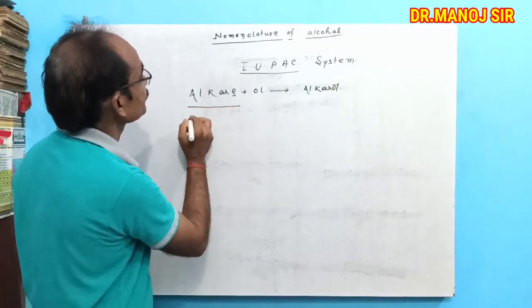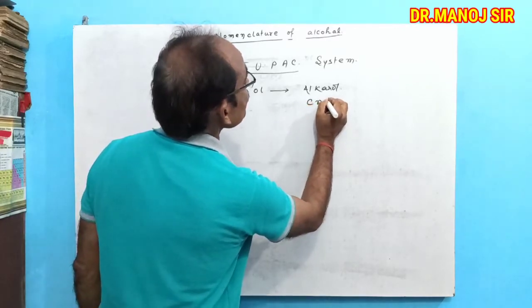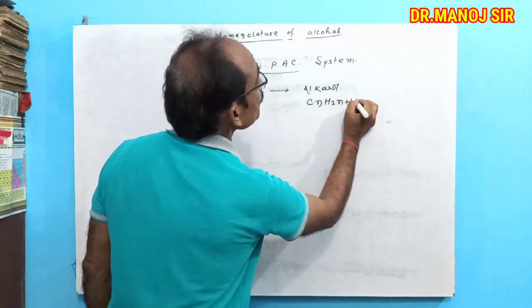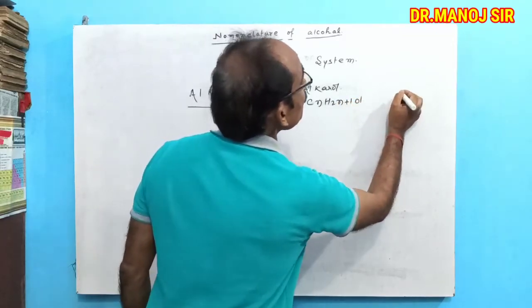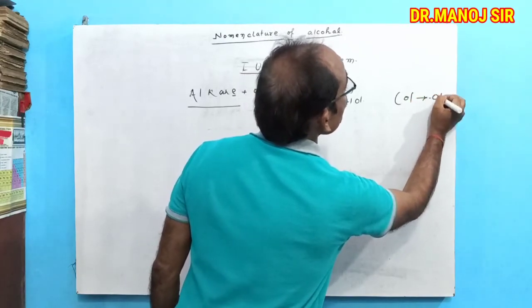Their formulation is said to be CnH2n+1OH. Ol stands for OH.